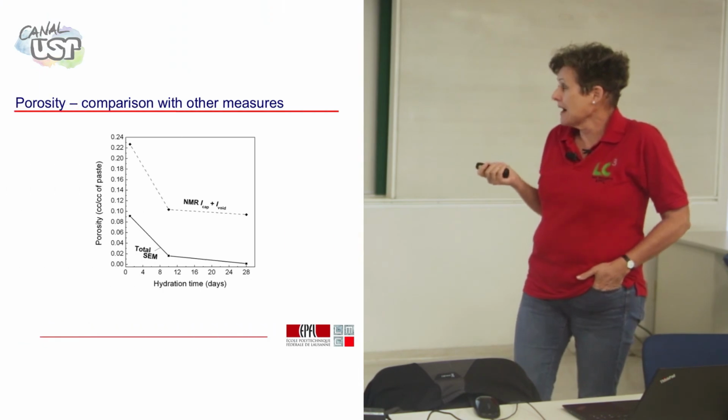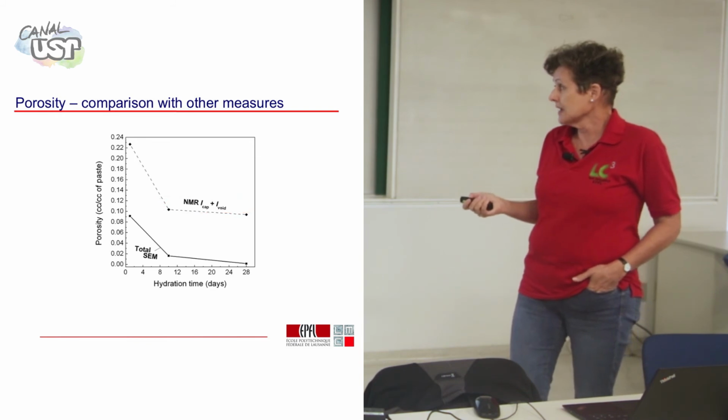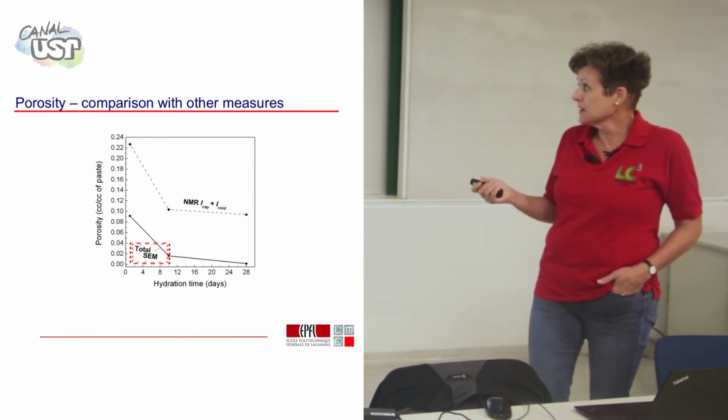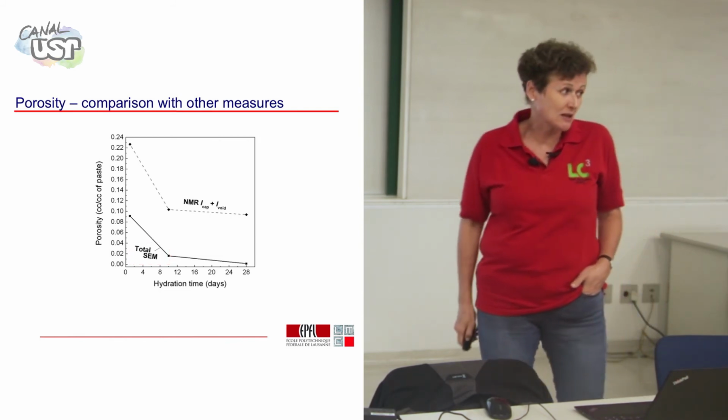So they may as well be small pores in terms of access, and people make a mistake about that. But here we can see the comparison. This is comparing NMR, which I'll talk about this afternoon, with the SEM, and you can see the amount of porosity. At the beginning it's about half, but later on it's even less than that. It's about 20%. We're really measuring hardly any of the porosity.